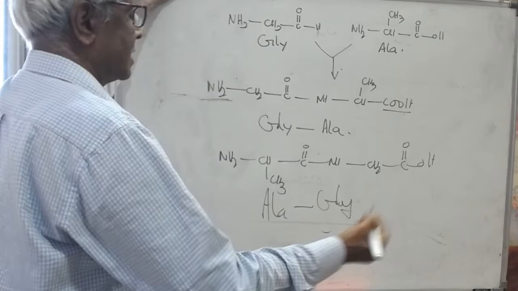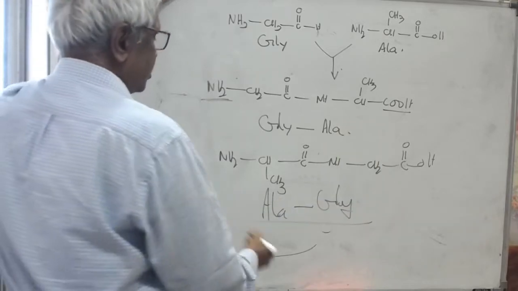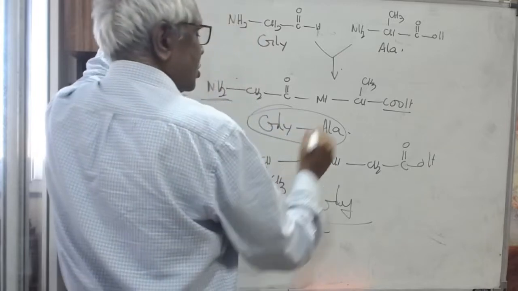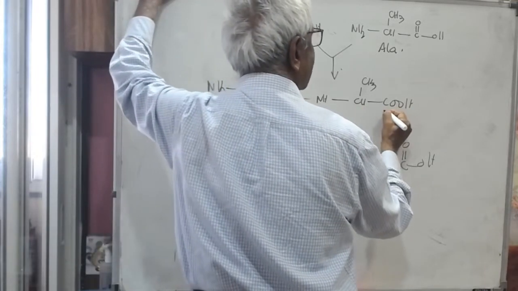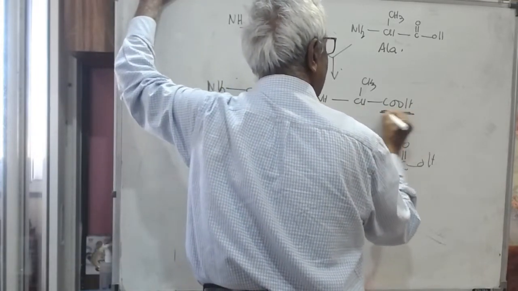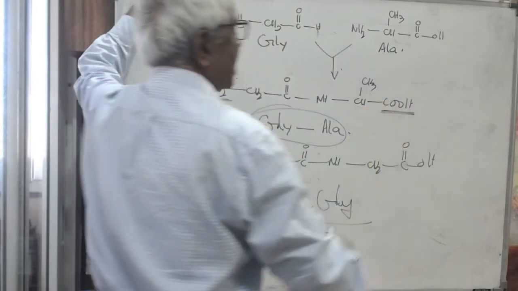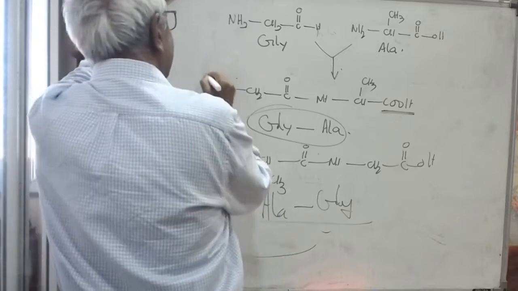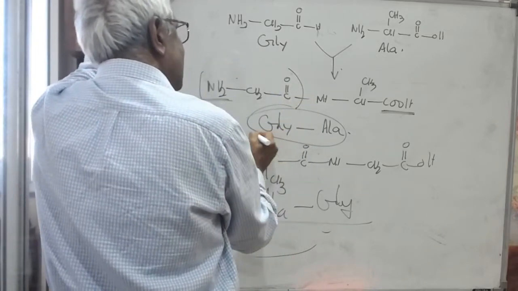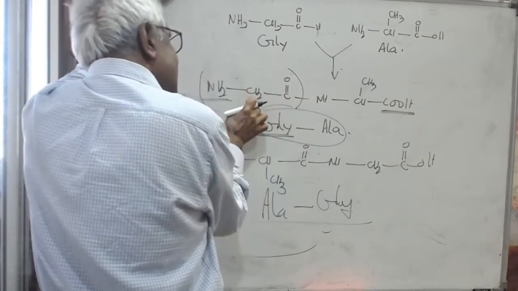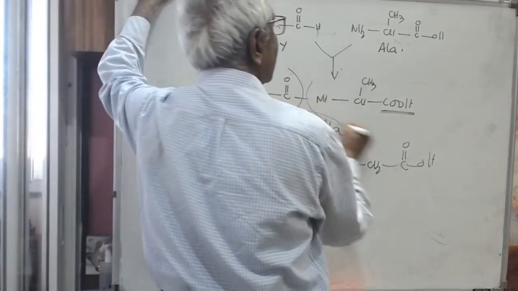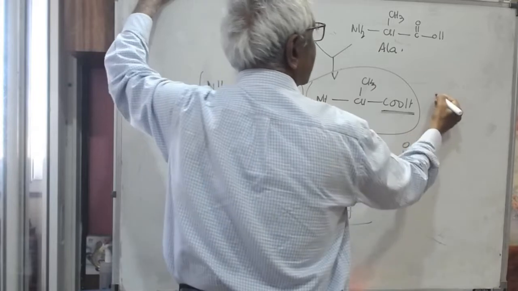And what is its name? When you give the IUPAC name, who will be given preference? Carboxylic acid gains preference. So this is referred to as glycinyl, a substituent, glycinyl alanine.